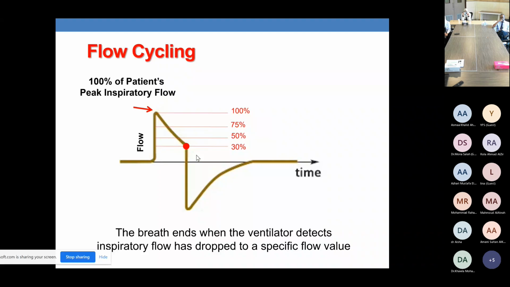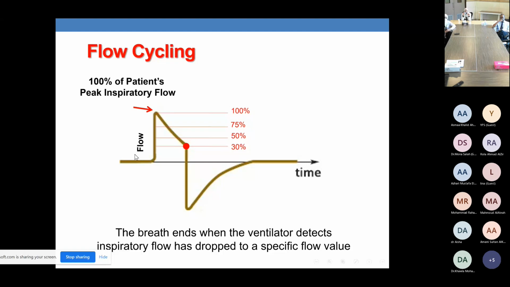So in PSV mode, you will use flow cycling. In a way, you give the baby or the patient the control of when to stop the breathing. Of course, this is an indirect way because it is actually determined by the lung condition of the baby. So if the lung condition or the compliance is okay, then the baby himself can control it.